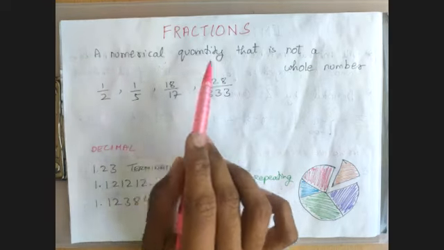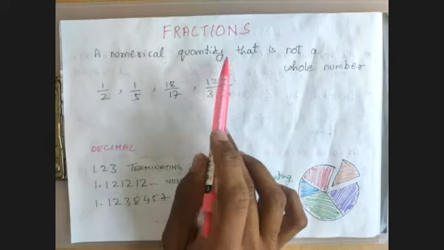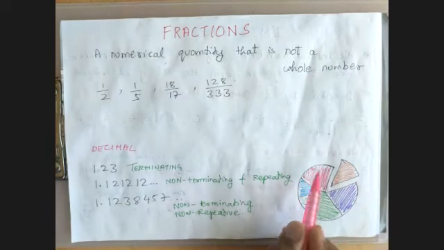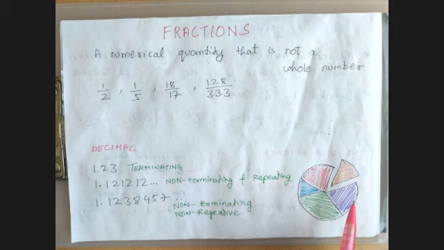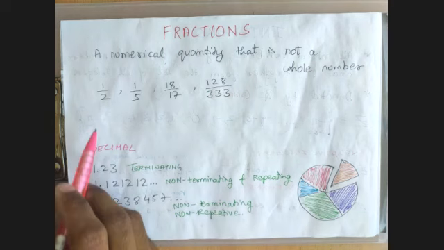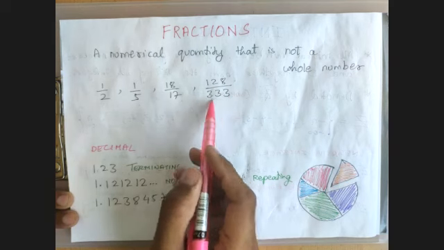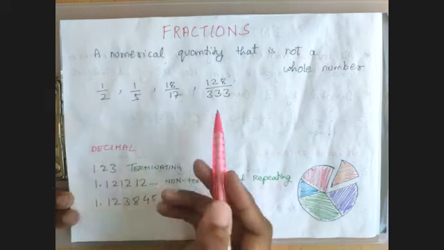Let us look at fractions. A numerical quantity that is not a whole number. That means, let us take the circle as a whole part. And if I remove a quantity of it, it is called a fraction. For example, 1 by 2, 1 by 5, 18 by 17, 128 by 333 are all examples of fractions.